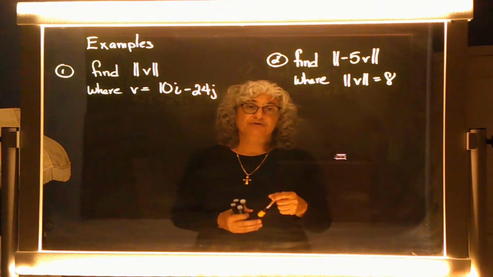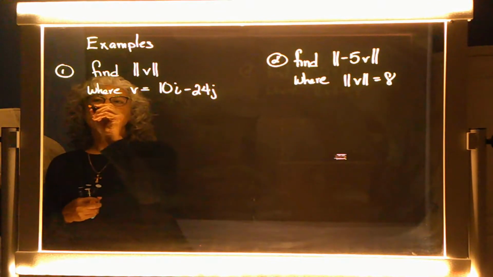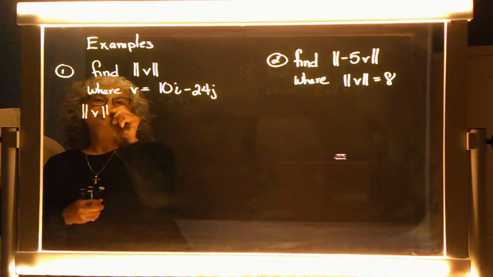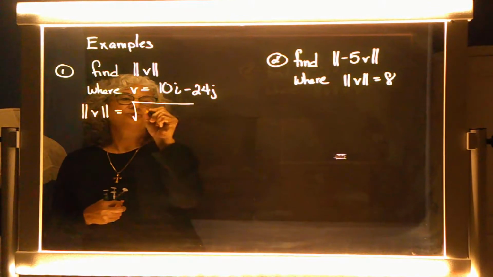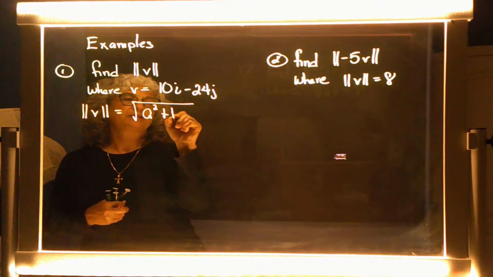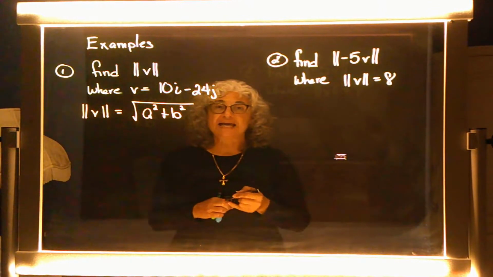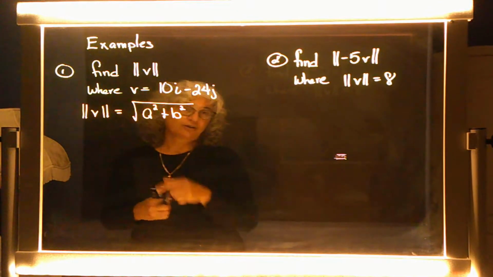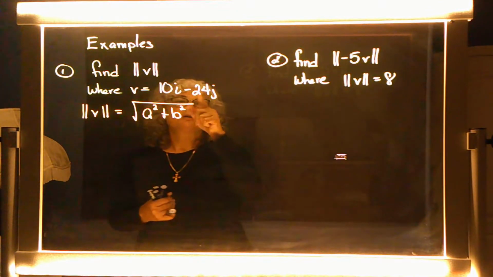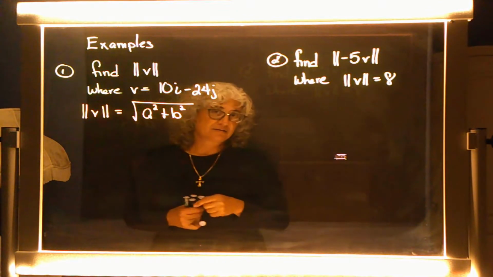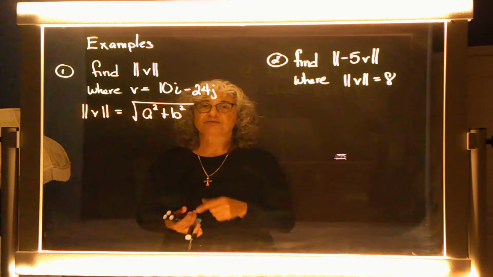So first things first, remember the formula. The formula says to find the magnitude, it's equal to the square root of a squared plus b squared. A is the horizontal, the first one. B is the vertical component, the second one.